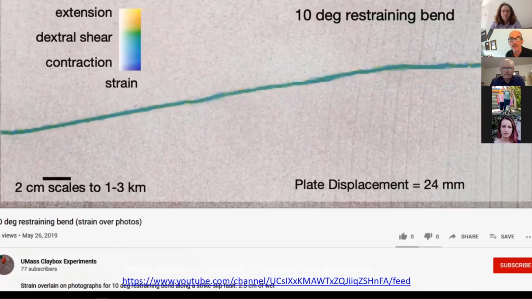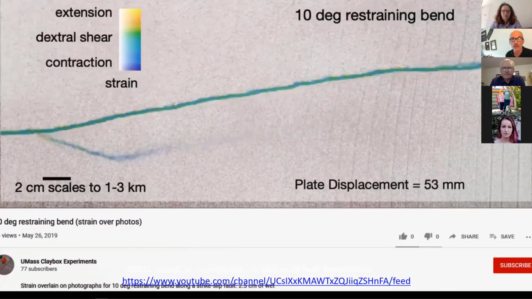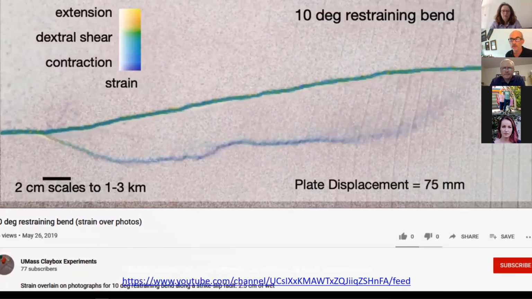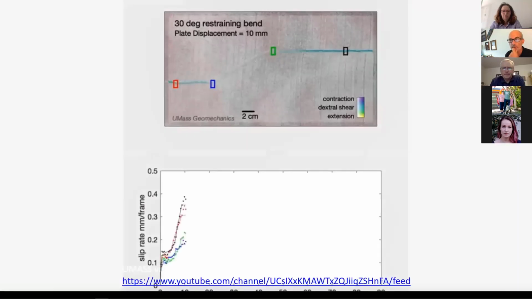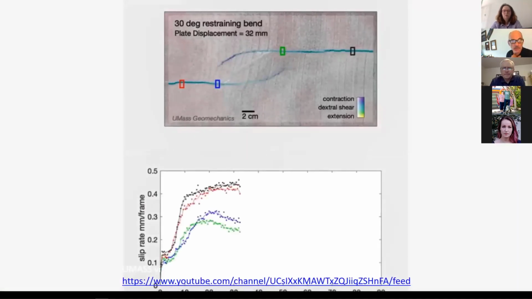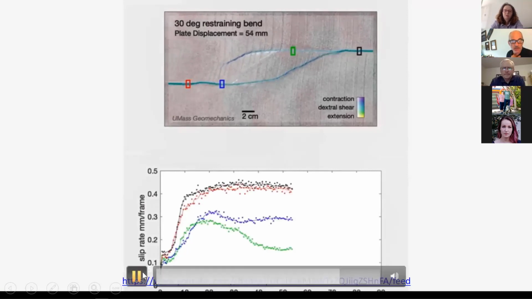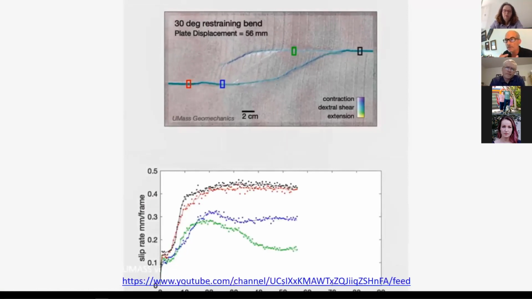So here's a bend. What they wanted to show was that they had cut underneath the green zone, where the fault was predefined. But what you can see, let me pause it for just one second, is some of the secondary faults that grow.